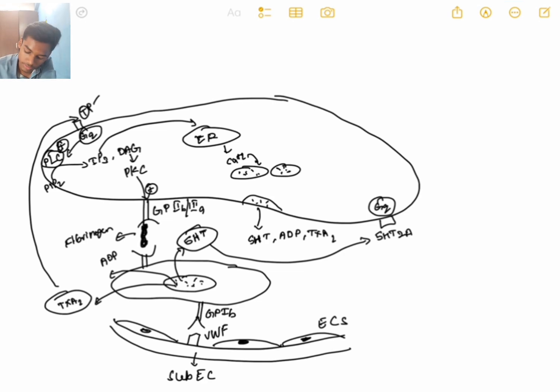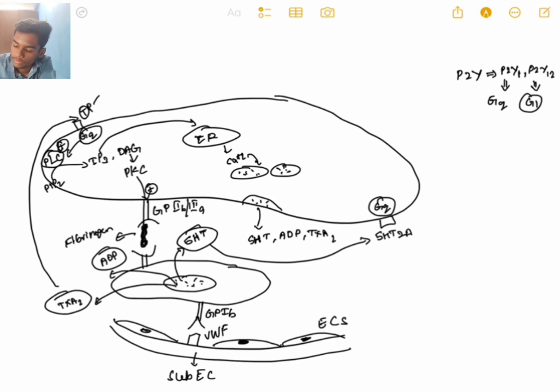Then what is the role of ADP? For ADP acting, there are two receptors. There is the P2Y family, which has P2Y1 and P2Y12 receptors. This P2Y1 receptor is also a G protein coupled receptor. It is GQ and P2Y12 is GI.